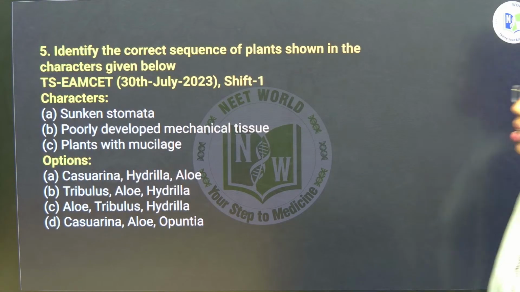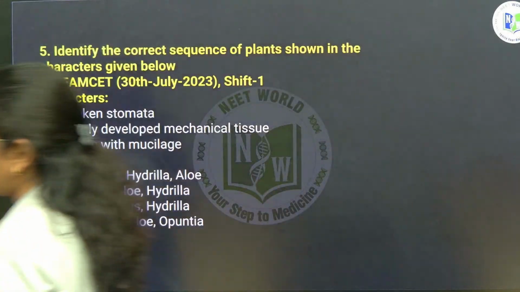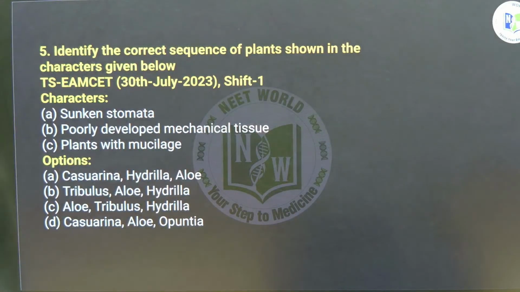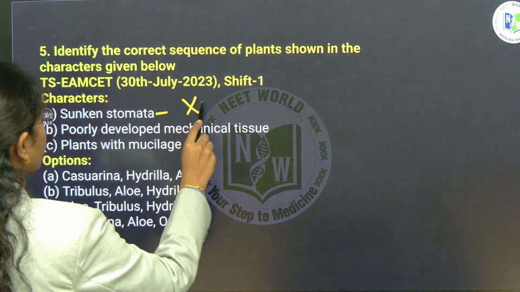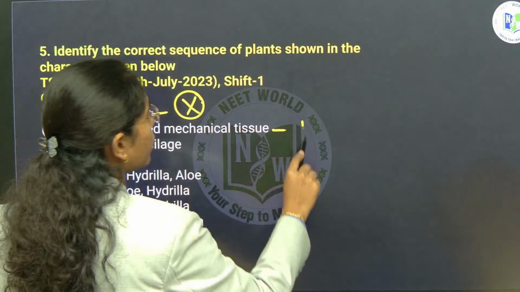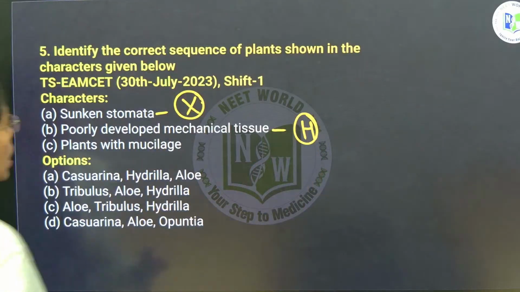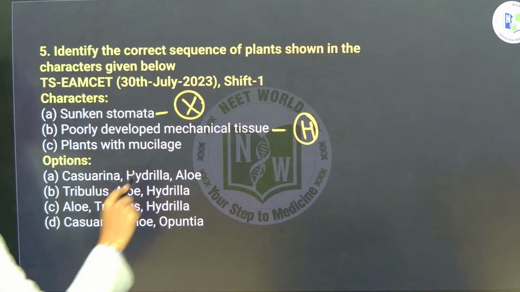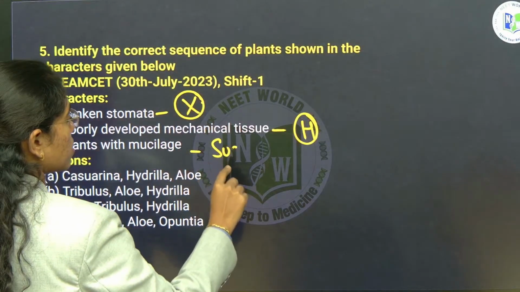Three characteristics were given. Looking at those 3 characteristics, we have to identify the plants. Firstly, sunken stomata is seen in xerophytes. Poorly developed mechanical tissue observed in hydrophytes. Plants with mucilage are seen in succulents.